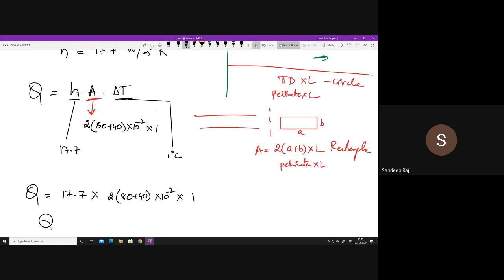Tell me what is the Q value. Fast. 84.96.